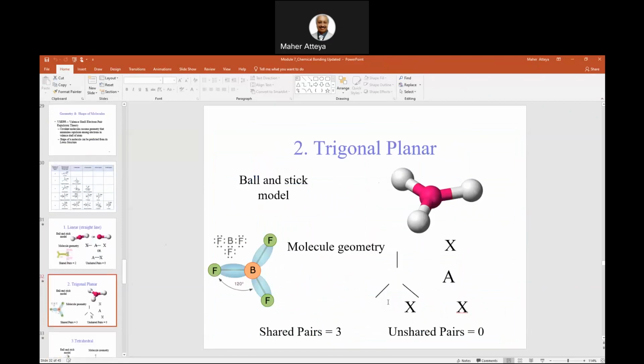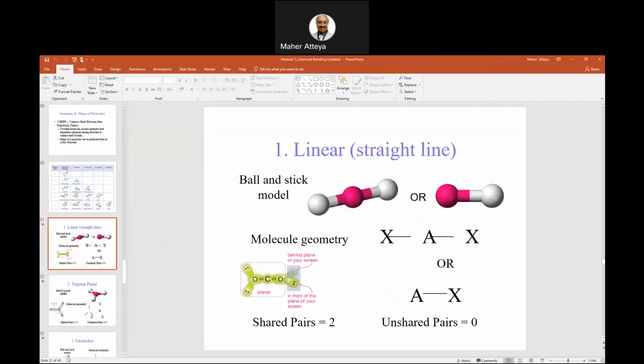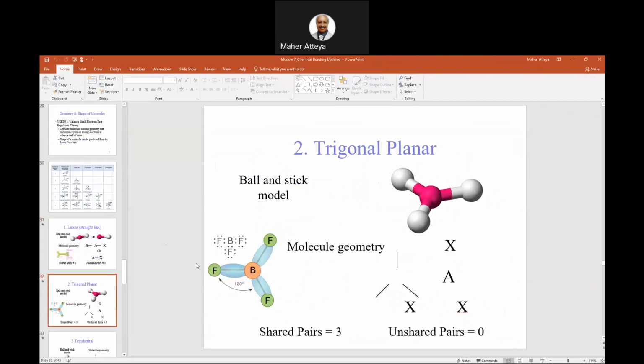Let's look at this. This one was linear. This one is the same thing. Here, this is my E. This is X. This is X. This is X. No lone pair on the central atom.